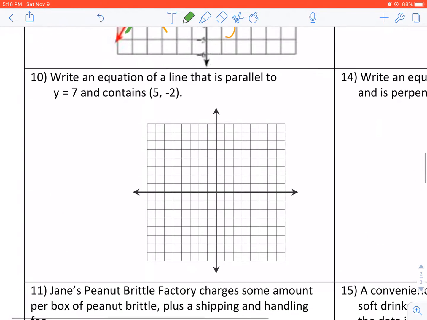Number 10, write an equation of a line that is parallel to y equals 7 and contains this point. So what you can do right now is go type in both of the things that I have in those green boxes onto your Desmos. So everybody should be typing in the green boxes right now to their Desmos.